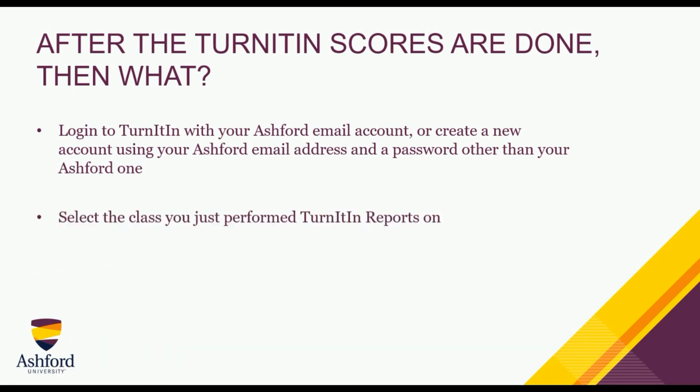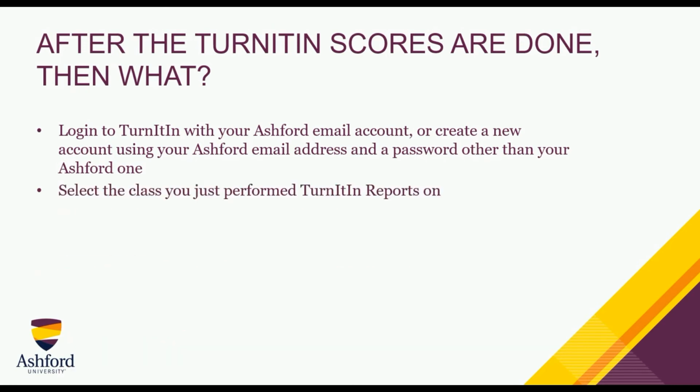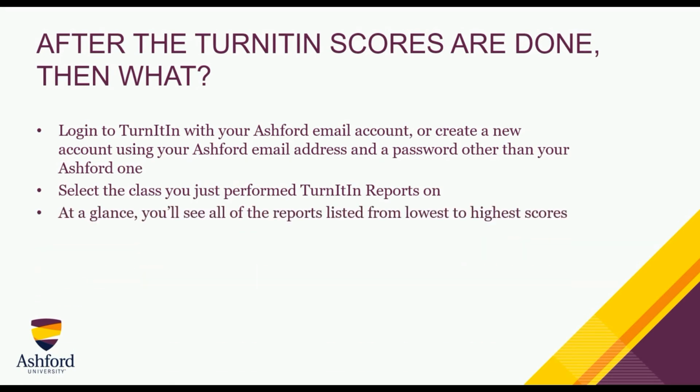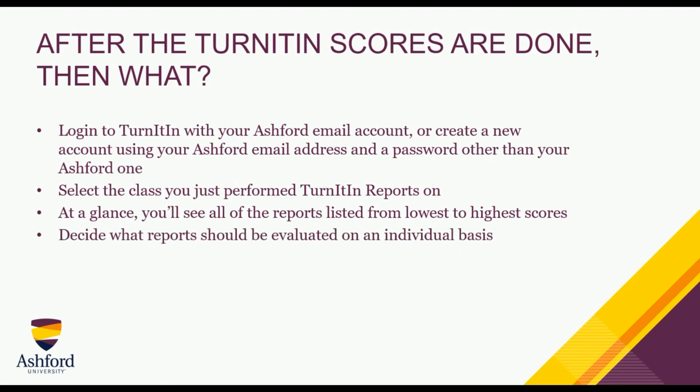Select the class you just performed the TurnItIn reports on, and then you'll see at a glance all of the reports listed from lowest to highest scores, and also color barred. So you can see at a glance what you might need to review further. You may need to review some reports on an individual basis depending on what they are.